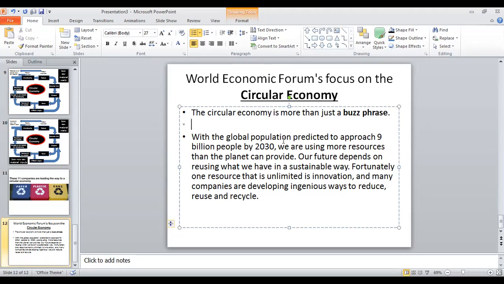So this is the issue, yes. They have to be on the move towards this. The reason is, see, with the global population predicted to approach 9 billion people by 2030, we will not have enough resources. We are using the future generations' share. We are using more resources than the planet can provide.